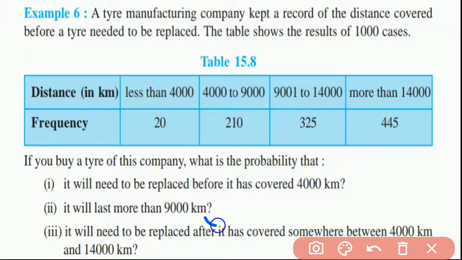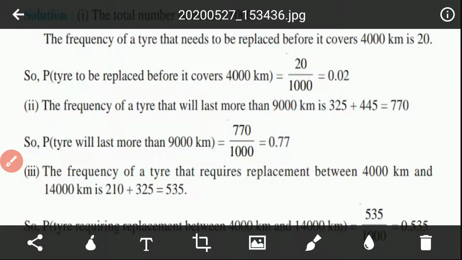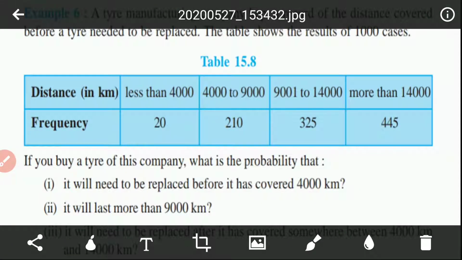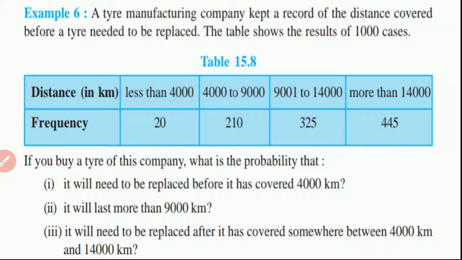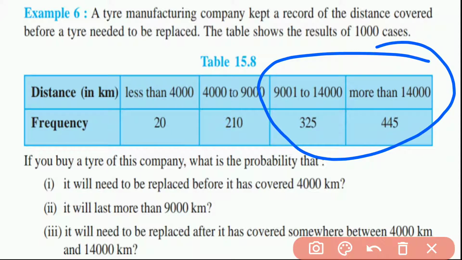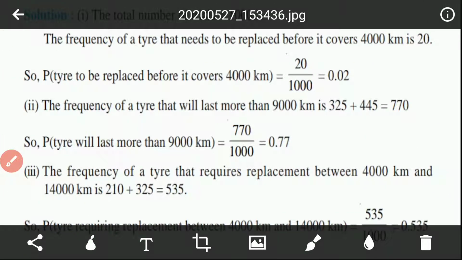The second question asks for more than 9000 kilometers. More than 9000, so we will not take 9001. Beyond 9000 we have 445, but since 9000 and above is stated, we will take also the 9000 to 14000 along with more than 14000. When we sum up both, we get 770.